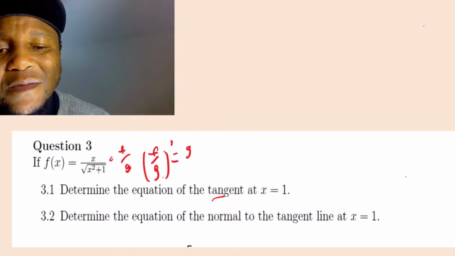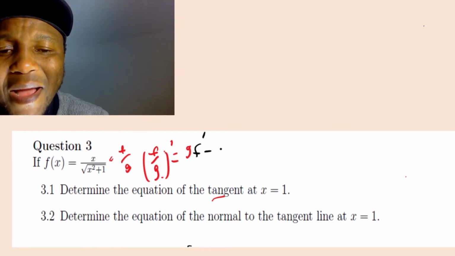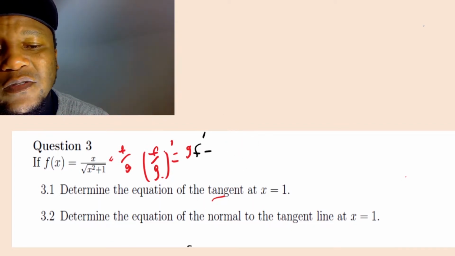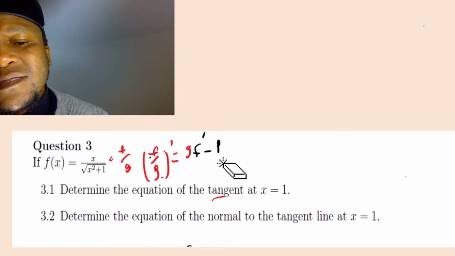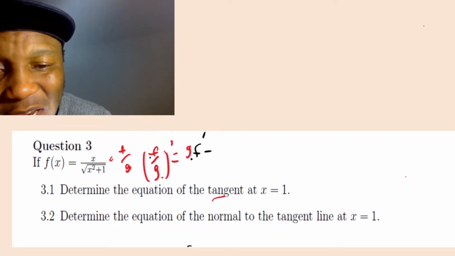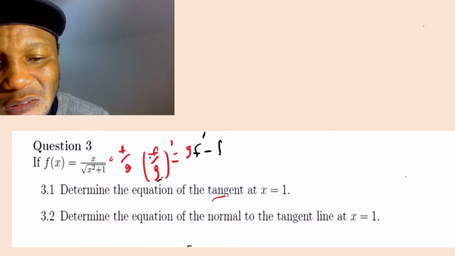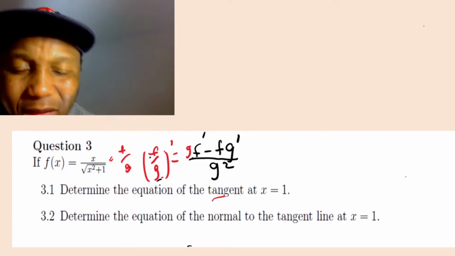Okay, put the denominator g constant, then differentiate the numerator, and then reverse the process. Just as simple as that. And then we square the denominator.